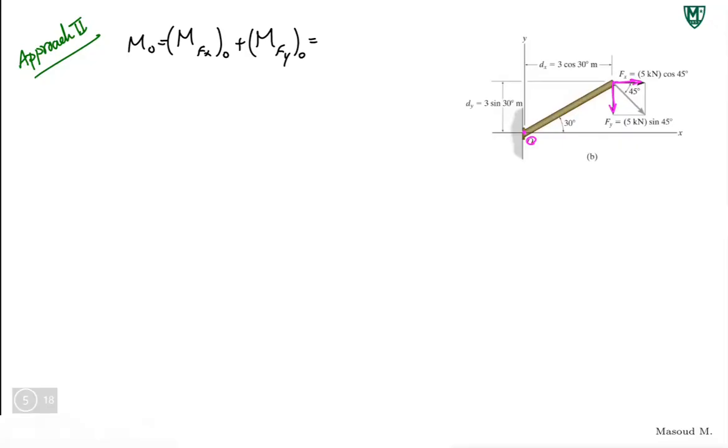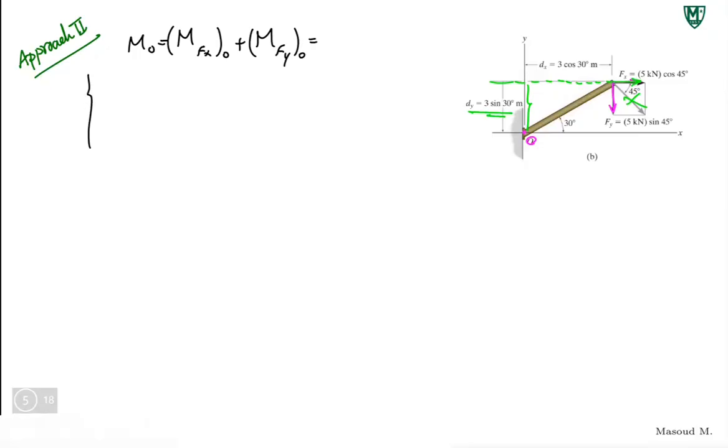So these two moments, if I decompose the force into two forces, then forget about F. It doesn't exist anymore. Now we have two forces. We have Fx in this direction, and we have to find its moment about point O. The line of action gives the distance, and that would be dy.